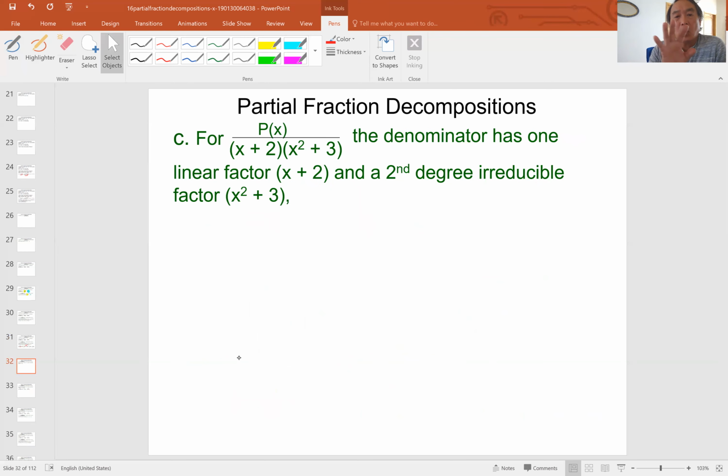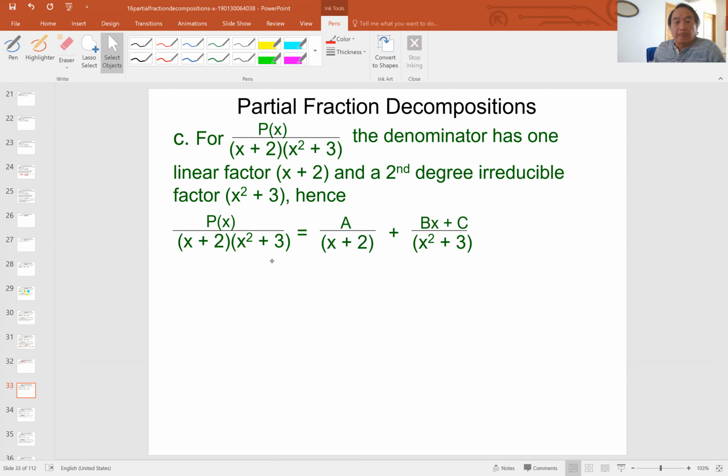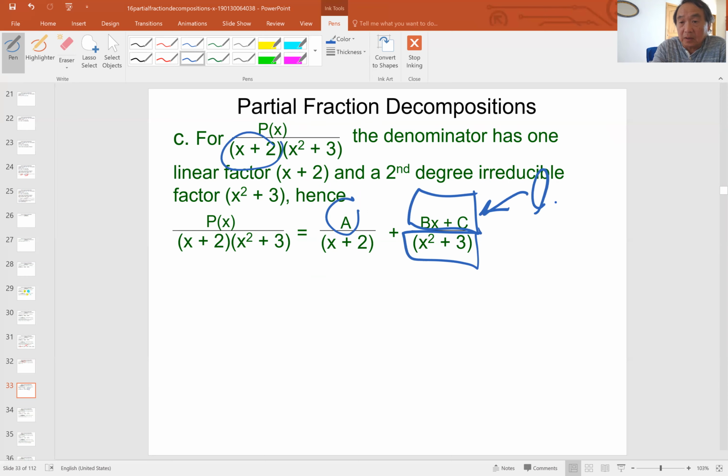Now, what happens if I have an irreducible second degree term, where there's no real root, it's complex? Since this is degree 1, I only need one of these. I need breakups of these types. Remember, for the linear terms, the top is a number, but for the second degree irreducible, it's a linear function.